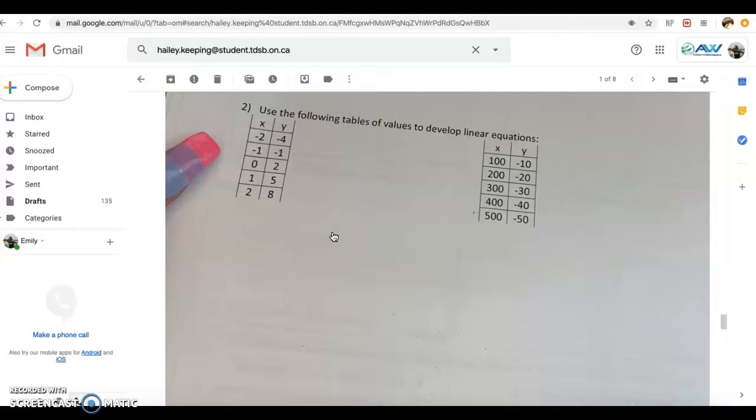So we've got x: 100, 200, 300, 400, 500. We've got y: negative 10, negative 20, negative 30, negative 40, negative 50.